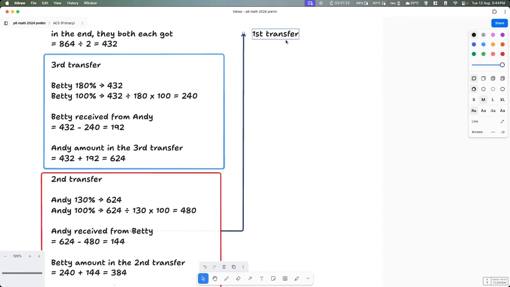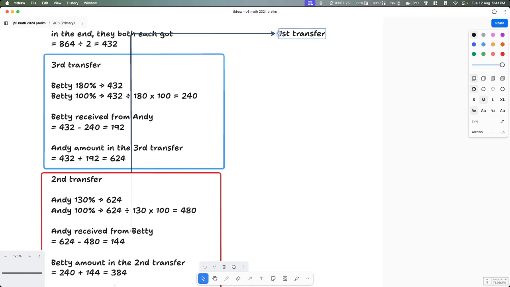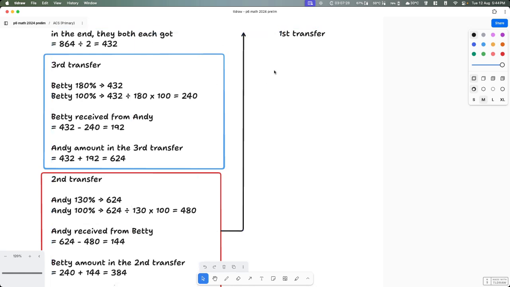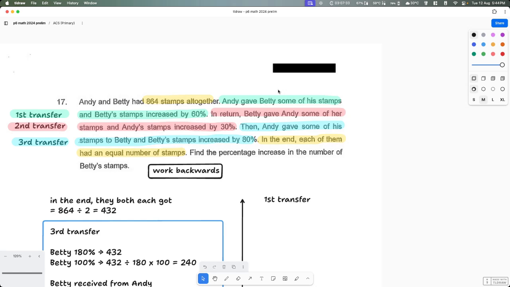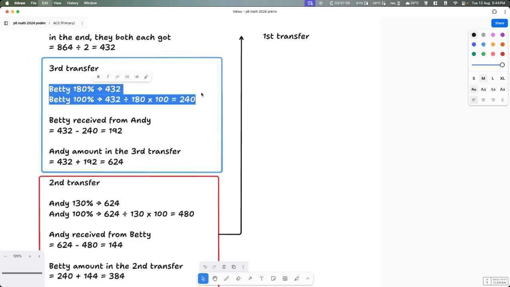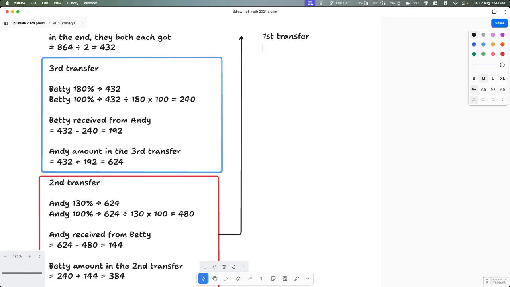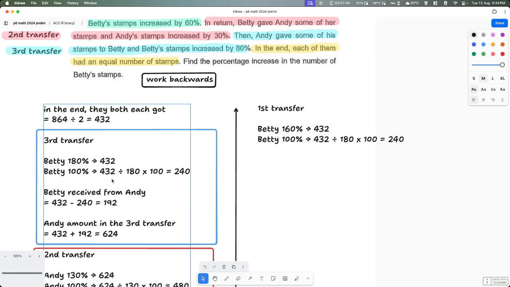So for the first transfer, Betty's stamps increased by 60%. So it's the same as what we see over here. So Betty increased by 60%. So Betty is 160%, and what did she get? 384.